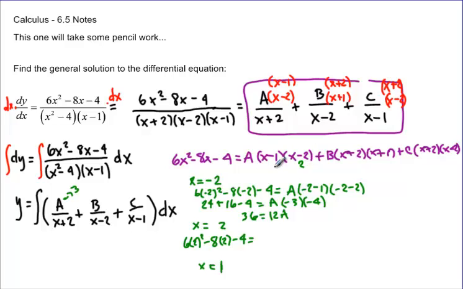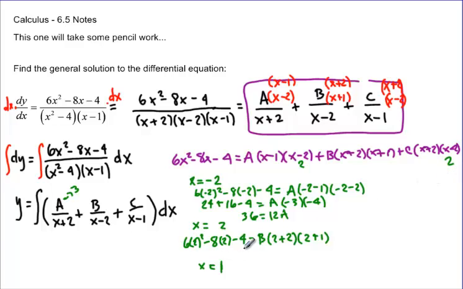The a term goes away. When I put a 2 in for b, this is going to stick. So I'm going to have b times 2 plus 2 times 2 plus 1. And then when I put it for c, notice on that last guy, that's x minus 2 over there. It's hard to read, but when I put a 2 in here, that gives me a 0, and the c term is gone.